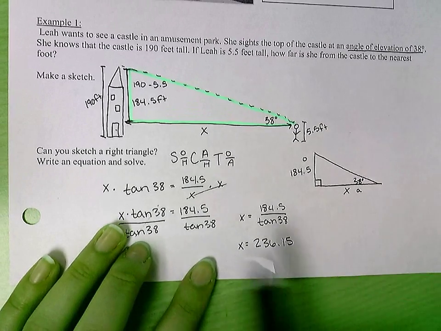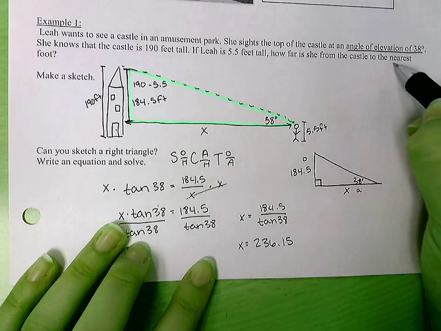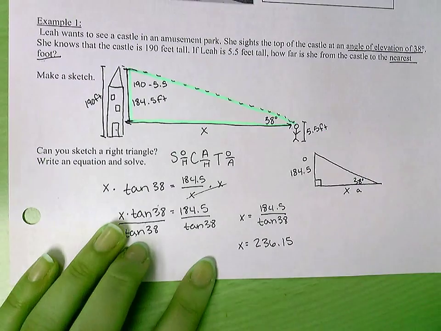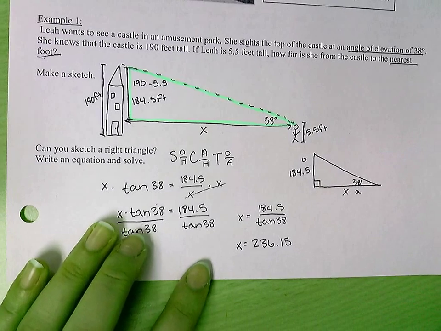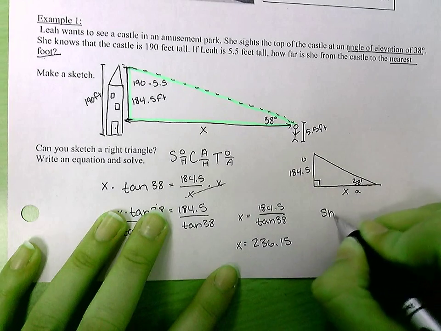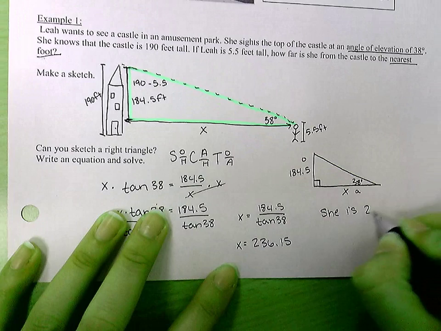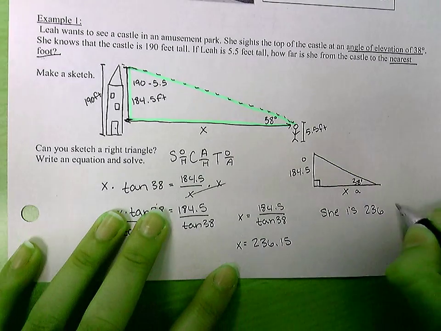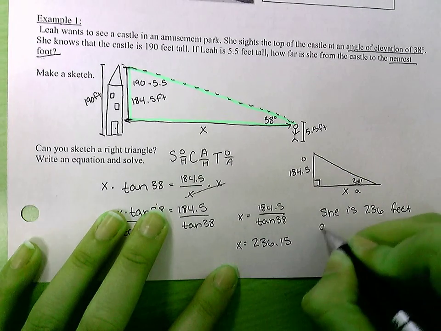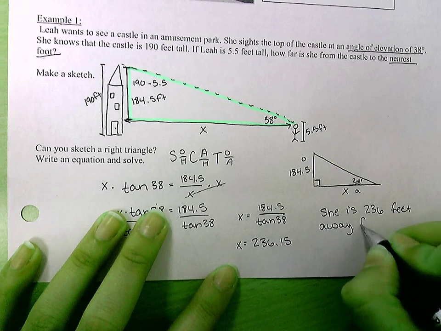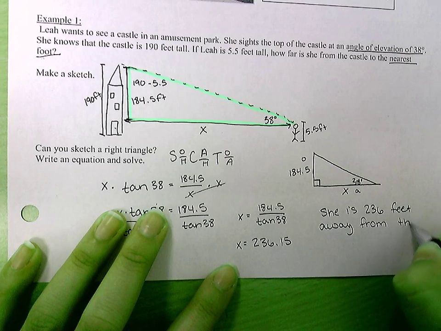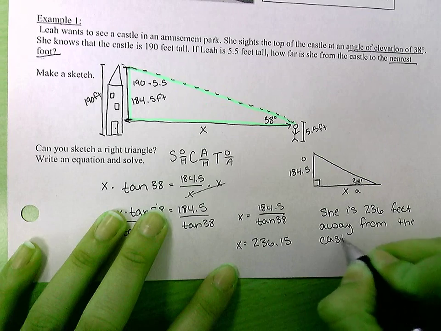Now, back in the directions, it said to the nearest foot. So, yes, she is 236 feet away from the castle.